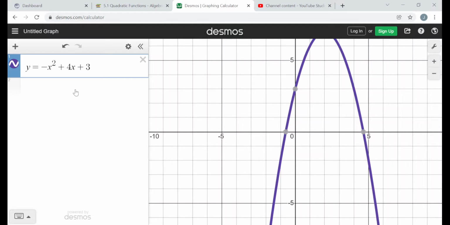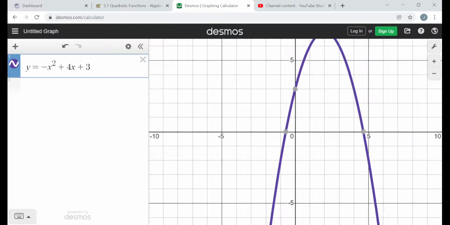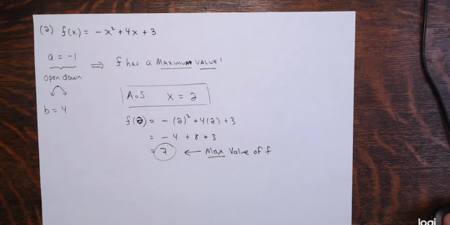And you see it's opening down. There's the vertex at the point 2, 7, right? X equals 2 is the axis of symmetry, and the highest y value achieved is 7, right? That was what I said the maximum value of f was on the previous page. So it looks like we did a good job there.